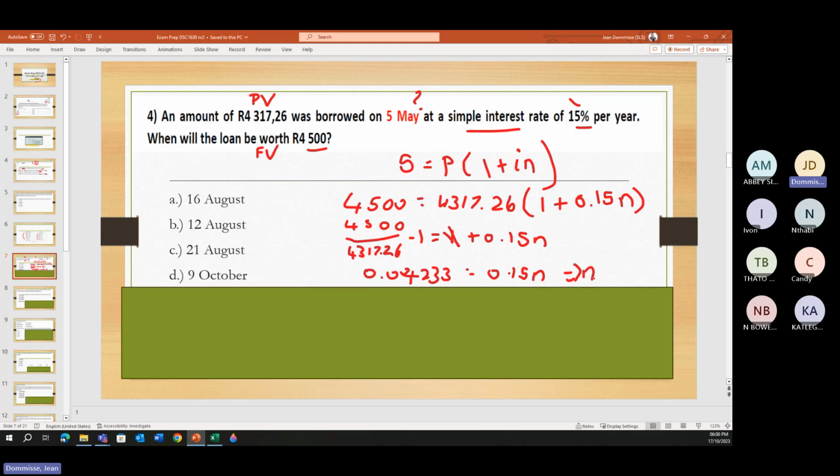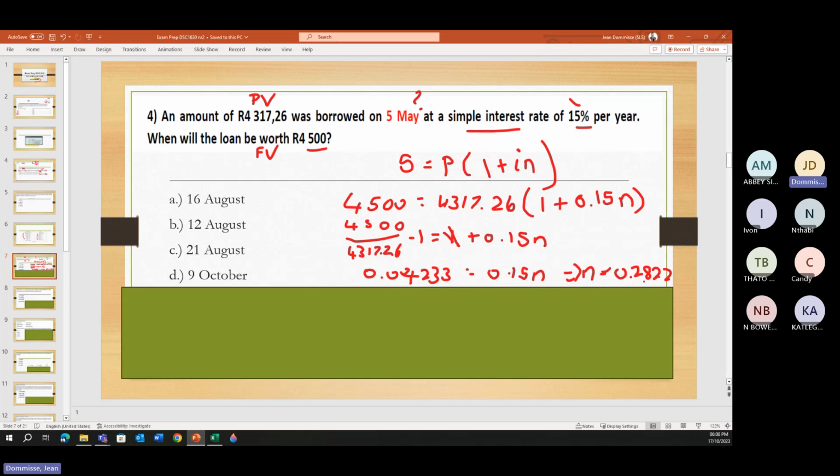So I get that n is equal to 0.2822. Okay, so that is now interesting. What does that tell us?